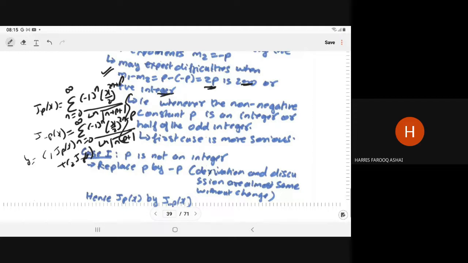Otherwise, the whole derivation, the whole procedure for deriving J minus p, will be the same. The easiest way is, in the main formula, you replace p by minus p. So the derivation and discussion are almost the same without any change. Hence you get J of minus p.